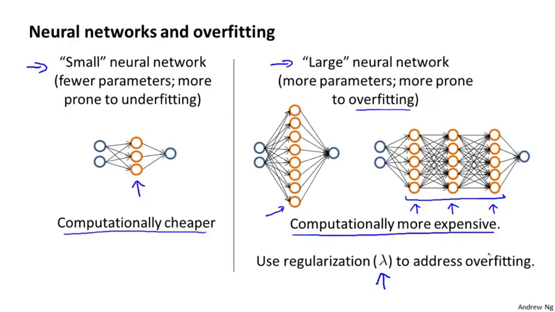But if you want to choose the number of hidden layers, one other thing you can try is to find yourself a training, cross-validation, and test set split, and try training neural networks with 1 hidden layer, with 2 hidden layers, with 3 hidden layers, and see which of those performs best on the cross-validation set. So you take your 3 neural networks with 1, 2, and 3 hidden layers, compute the cross-validation error J_CV on all of them, and use that to select which is the best neural network.